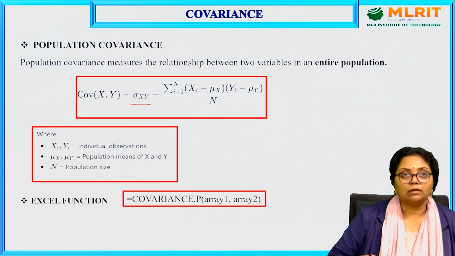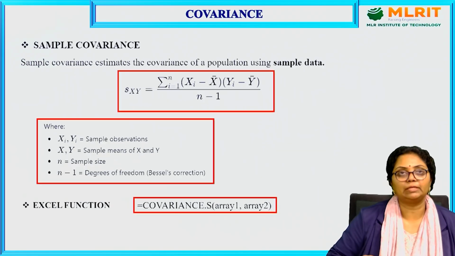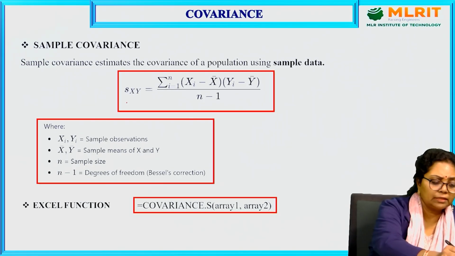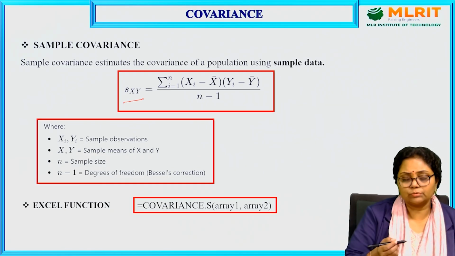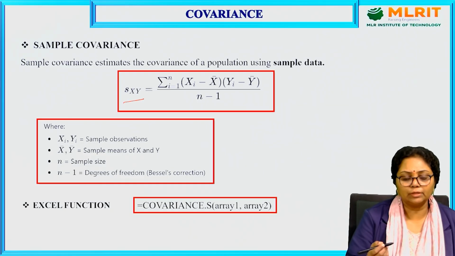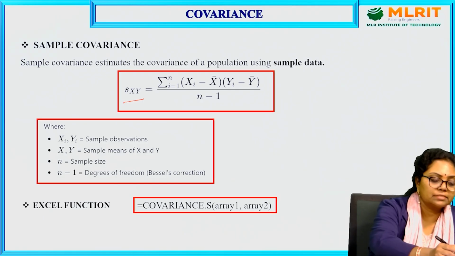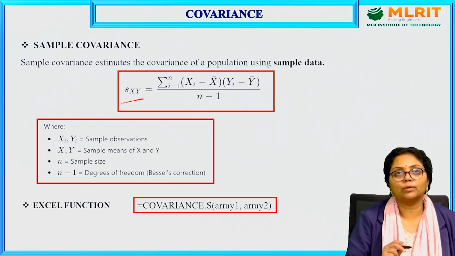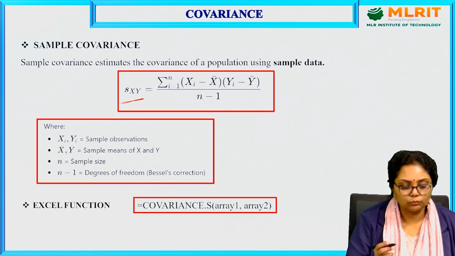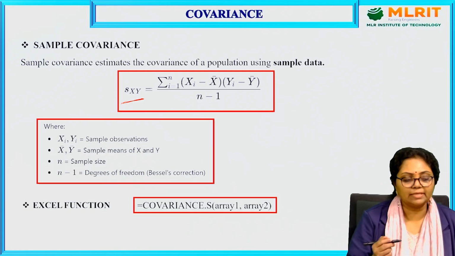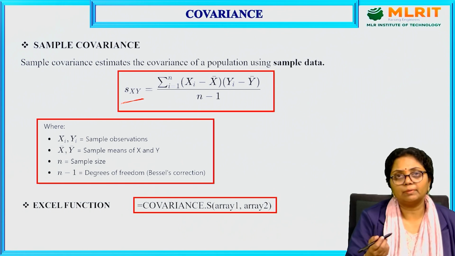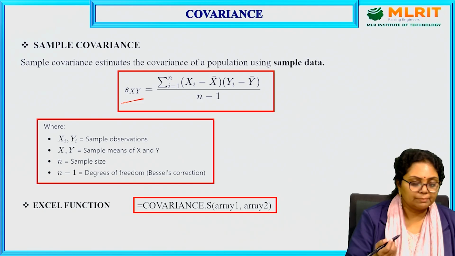Let us look into the sample covariance. In sample covariance, we are taking the Bessel correction, so instead of taking n, we use n minus 1, and this is represented as SXY: summation i equals 1 to n of xi minus x bar into yi minus y bar, where xi and yi stand for sample observations, and x bar and y bar stand for the sample means of x and y.